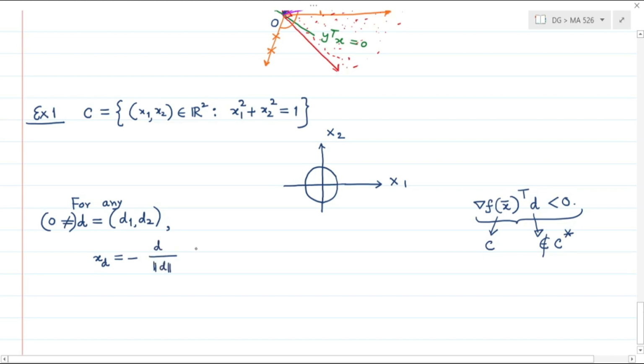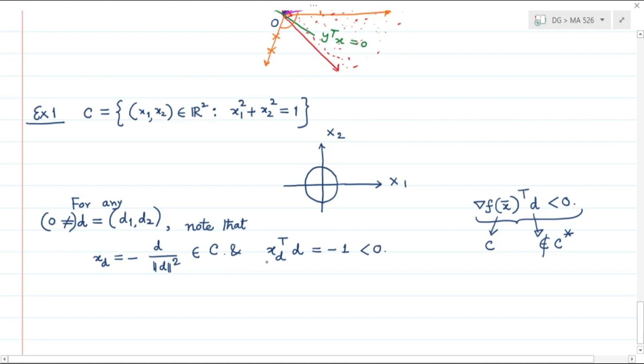Obviously this is inside the set C. Fine. And you have xd transpose d equal to minus 1, right? Minus, so not exactly minus 1, let me divide by norm d square. Then you will have x transpose d equal to minus d transpose d, and that is norm d square divided by norm d square, minus 1, and that is less than 0.